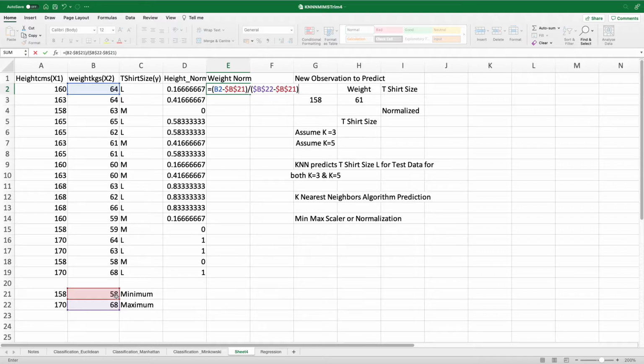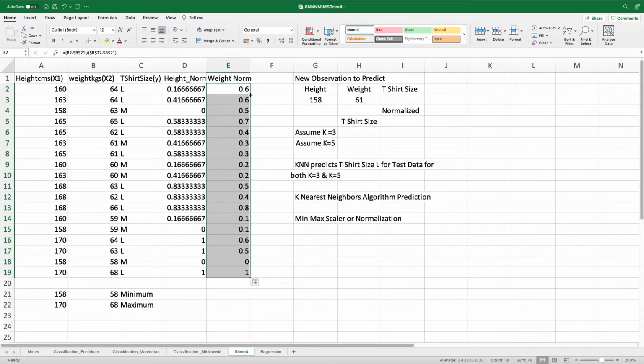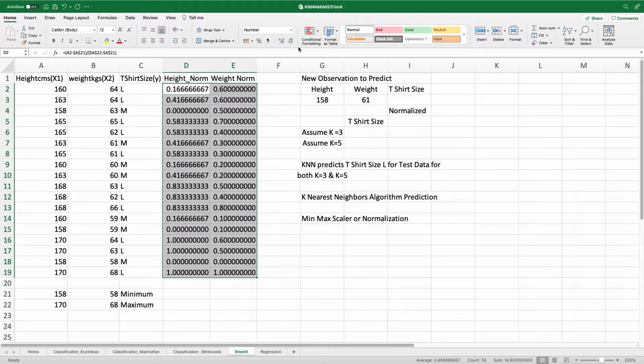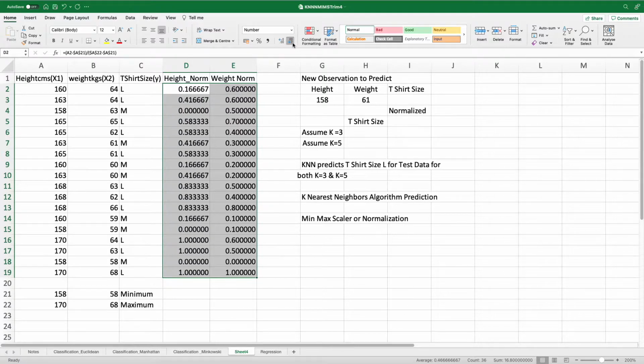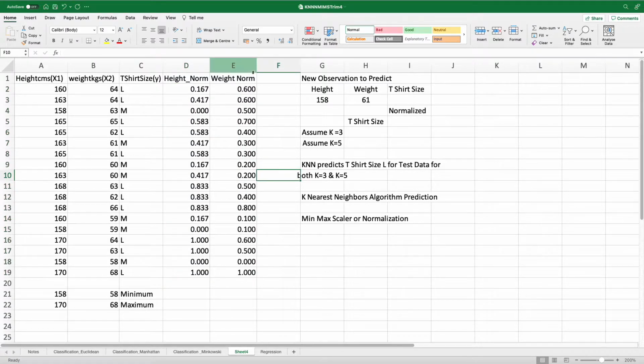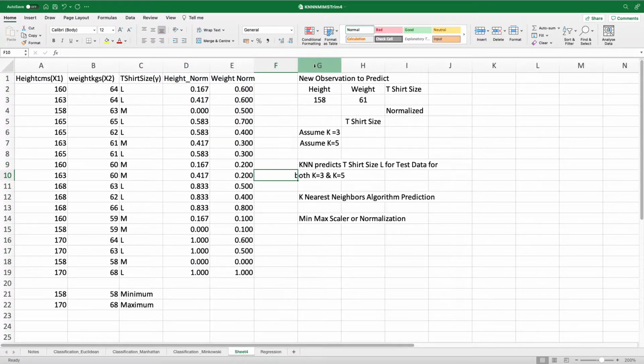The mins and the max have to be fixed by pressing F4 absolute cell referencing so that they should not be moved, and then double click to drag the formula down. For our understanding, we will make it 2 or 3 decimals to understand our calculation.